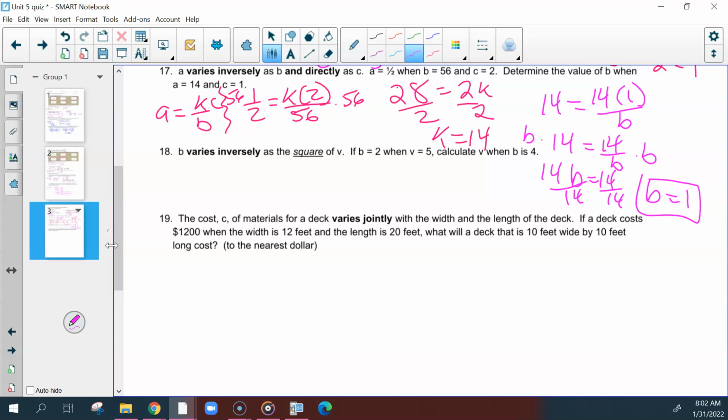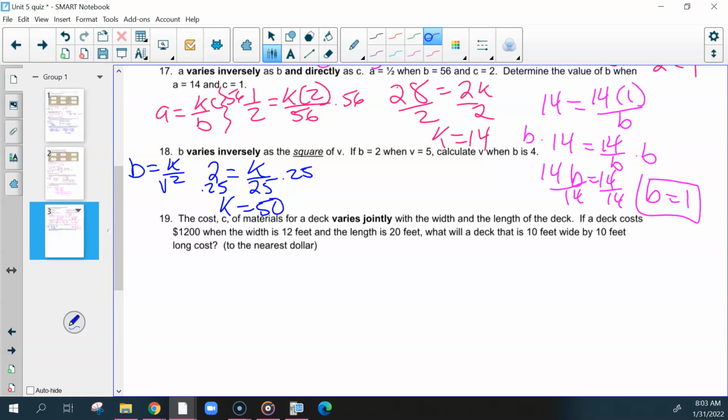For 18, we had B varies inversely with the square of B, so that should have been B squared, not the square root. And then we can put in our values and find K. So 2 equals K over 5 squared, which would be 25. So you could put in 5 and then square it, or if you know that's 25, you could just change it to 25. So we would multiply both sides by 25 to get K equals 50.